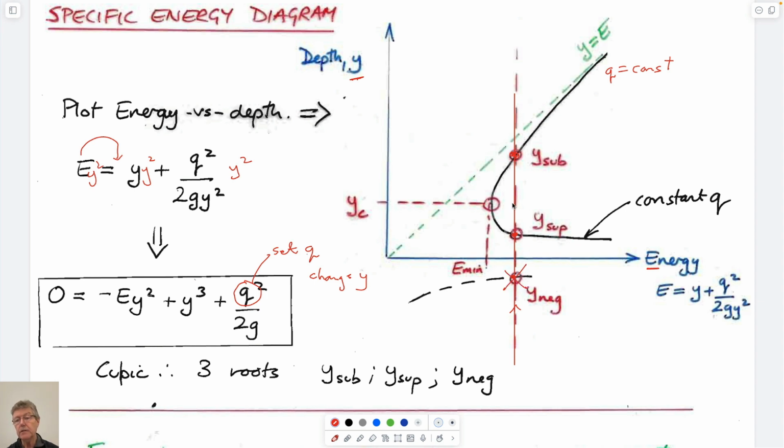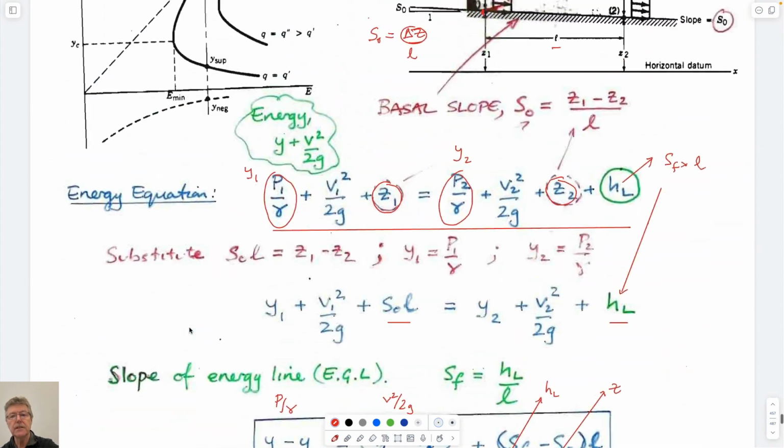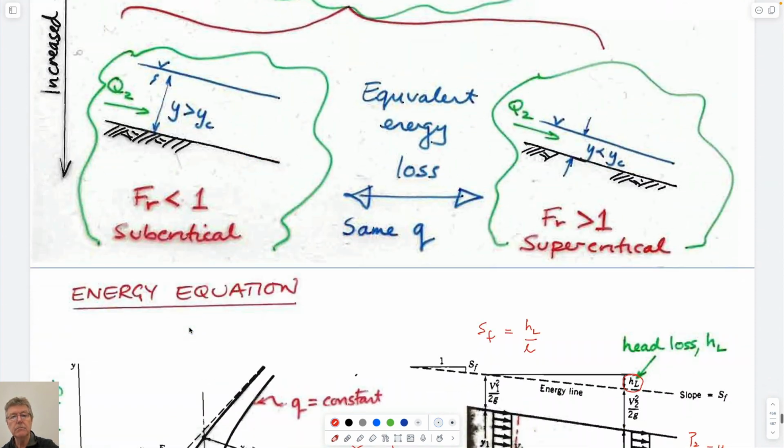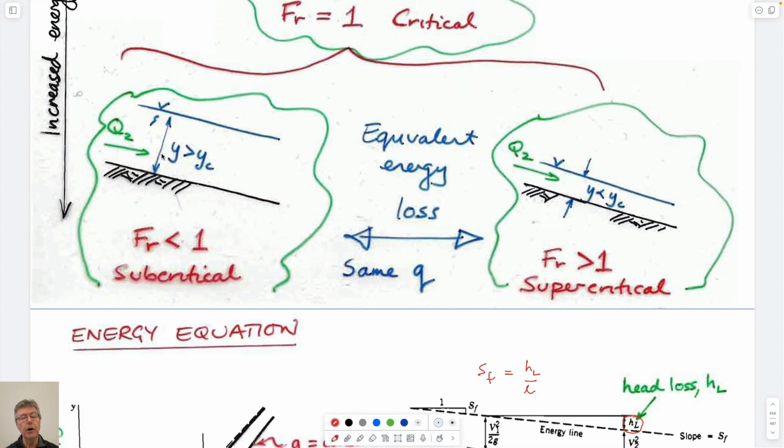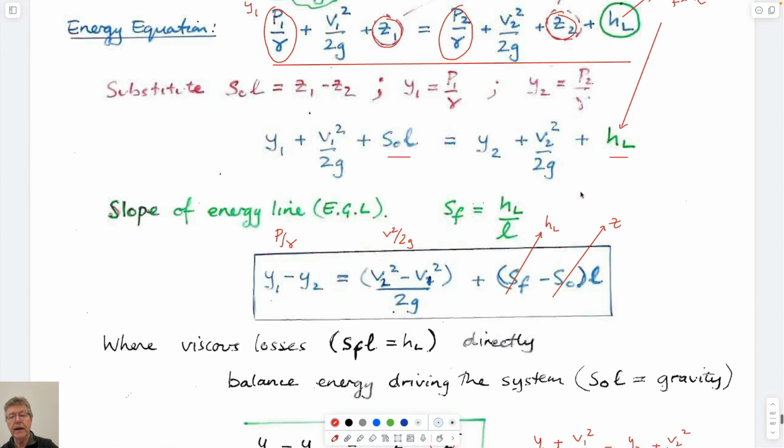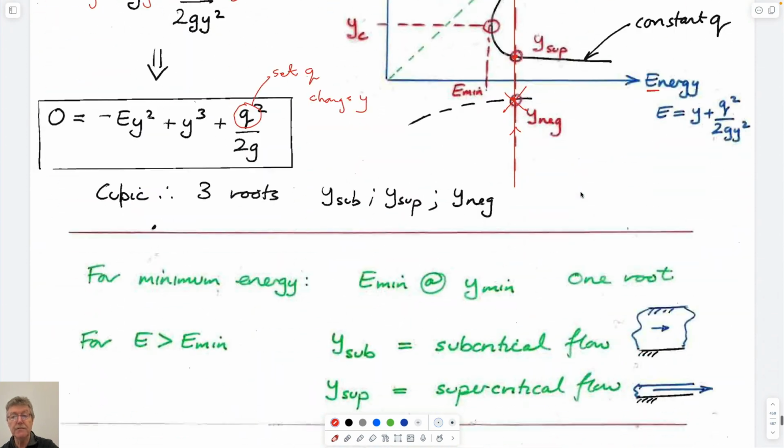But we do care about these, because these are the two solutions to this equation that the flow could self-organize to, which satisfy the equation, which means it can either be flowing at a very deep depth and very slowly, or a very shallow depth and very quickly. And so that's represented on this figure.